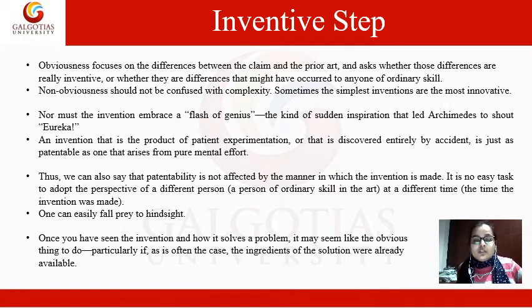So when you try to understand the obviousness of a particular thing, you will try to understand how this claim and the prior art compare with each other, and ask whether these differences are really inventive or whether they are differences that might have occurred to anyone of ordinary skill. So obviousness focuses on the difference between the claims and the prior art.